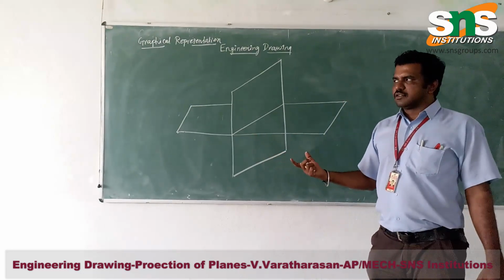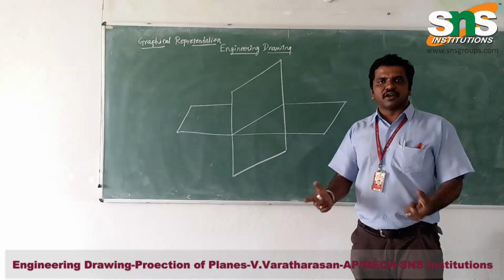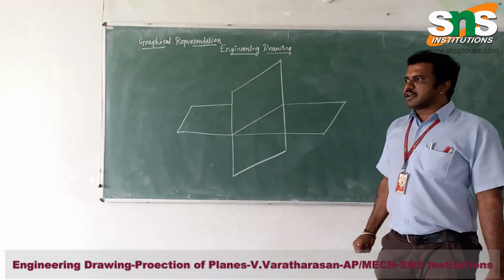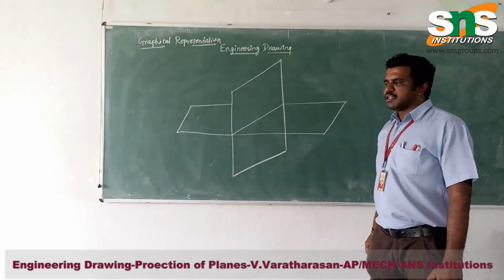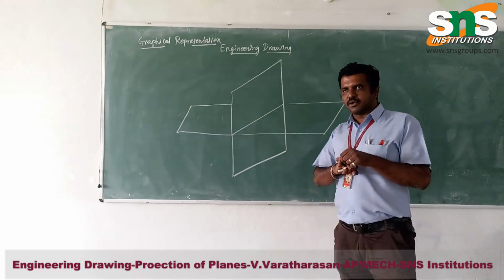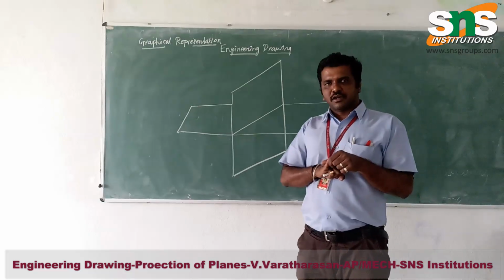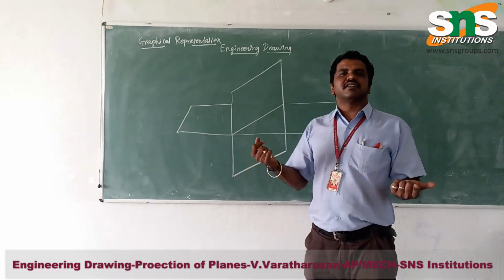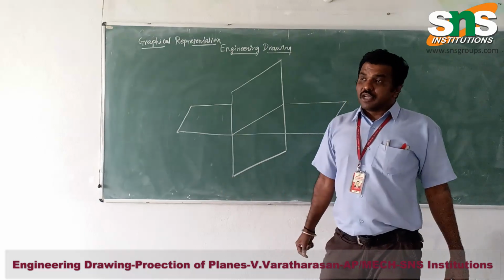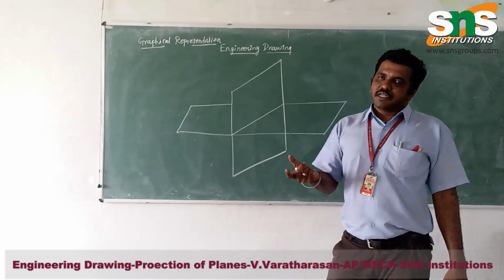But in engineering drawing, we develop the drawing in a technical manner. That is a technical drawing. So these are the two types of drawing we already know: one is artistic drawing, the other is technical drawing.